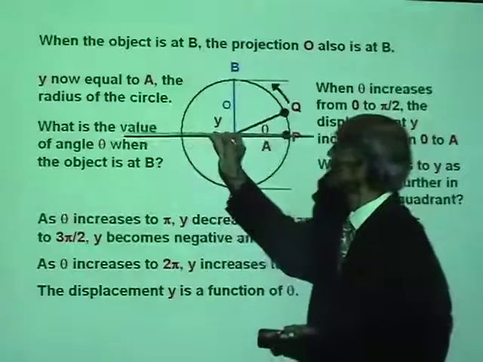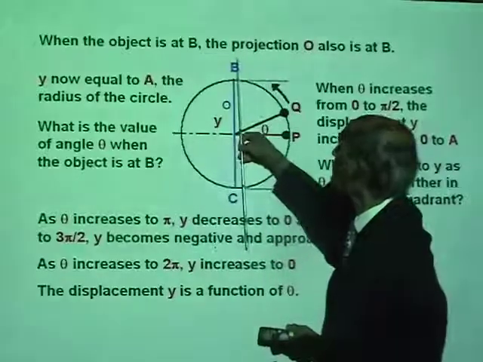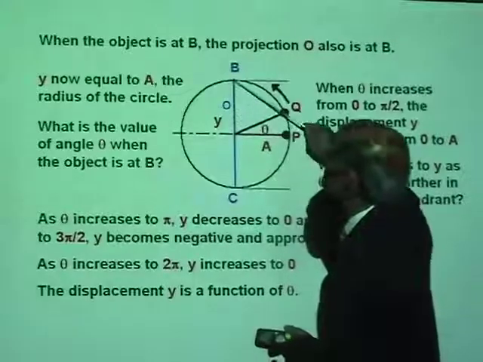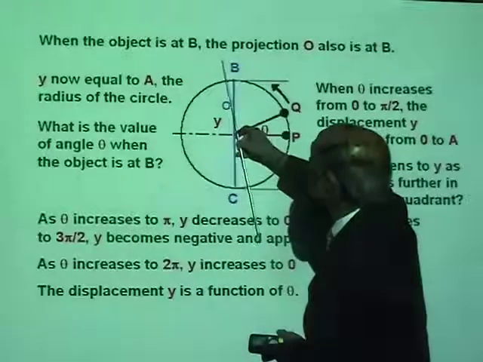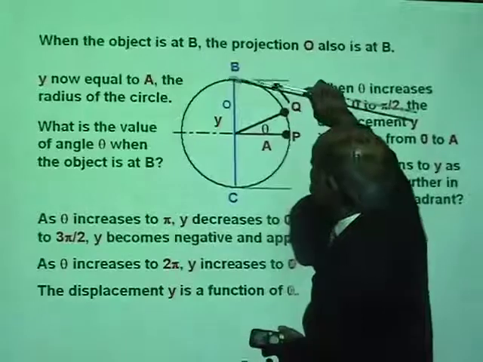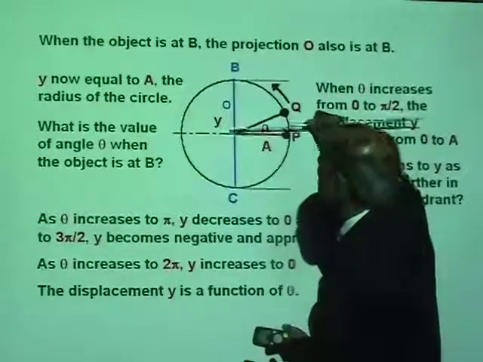As the angle theta increases from 0 to pi by 2, the displacement y increases from 0 to a. And as the angle increases from pi by 2 to pi, the displacement decreases from a to 0.